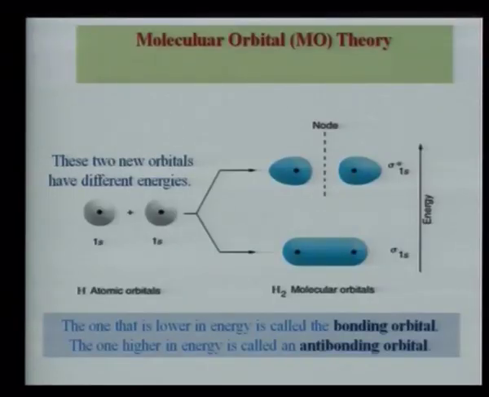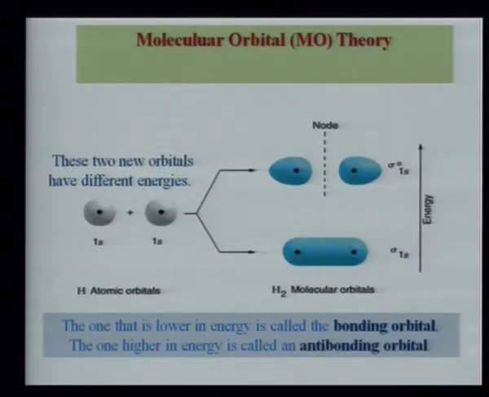The molecular orbital which has higher energy than the combining atomic orbitals is known as the anti-bonding molecular orbital. The number of molecular orbitals will be the same as the number of atomic orbitals overlapping each other. Now, in molecular orbital theory, as I just told you, there are bonding and anti-bonding molecular orbitals. The third category is non-bonding molecular orbitals. I'll discuss this later on.